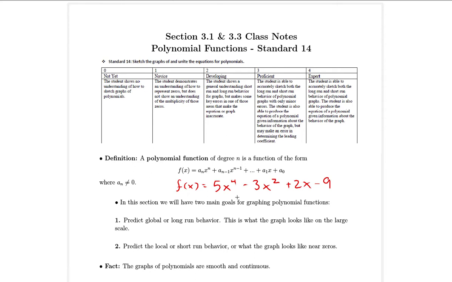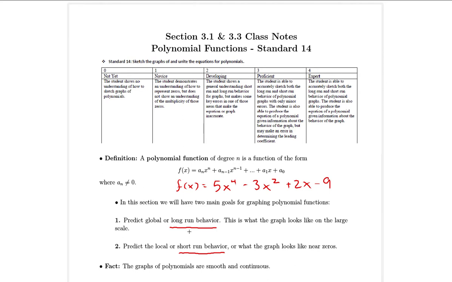Now here's the two things that we want to be able to do with polynomials, the two ways in which we want to be accurate when we're graphing them. And that is in the long run behavior and in the short run behavior. Okay, and I'll introduce those one at a time. So long run behavior just simply means what's happening on the large scale, right?